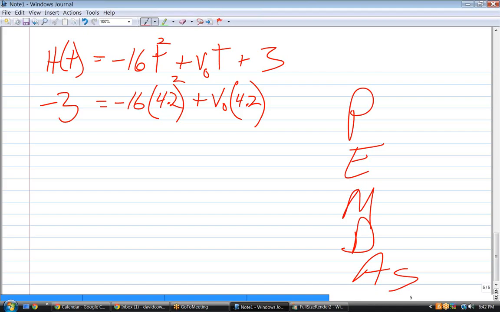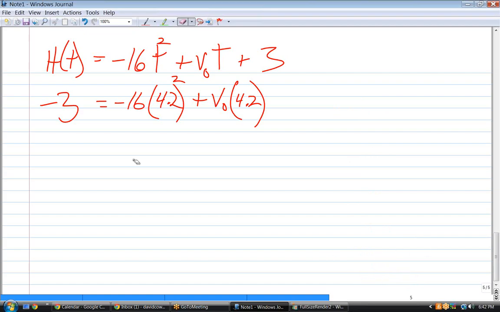So you square that times negative 16. In other words, you got to square it first. You can't multiply the 16 times that before you square it. So square that. What does that equal? That is 17.64. Multiply it by 16. 17.64 times negative 16. It'd be negative 282.24.